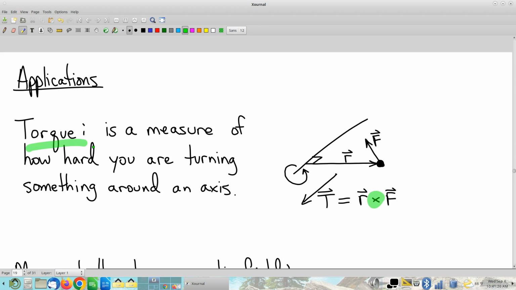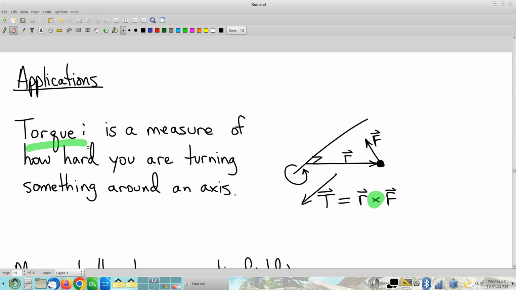This thing called torque describes not how hard you are pushing something, but how hard you are turning something. Like if you have a nut frozen onto a bolt and you're trying to use a torque wrench to get that off of there, how hard do you have to turn? This is called torque, and it's a cross product, as it turns out.